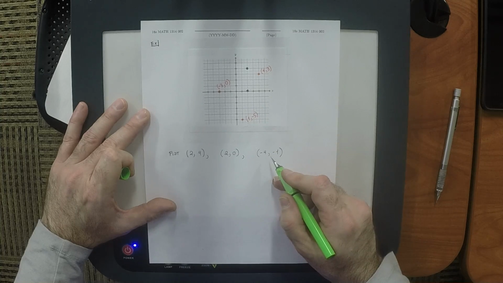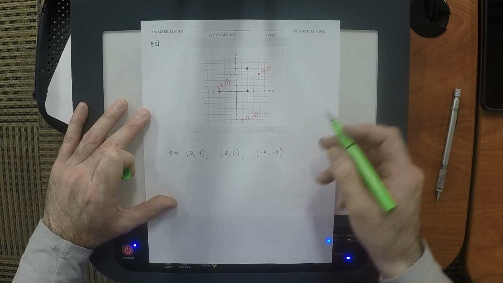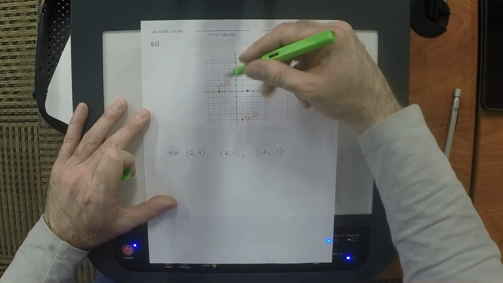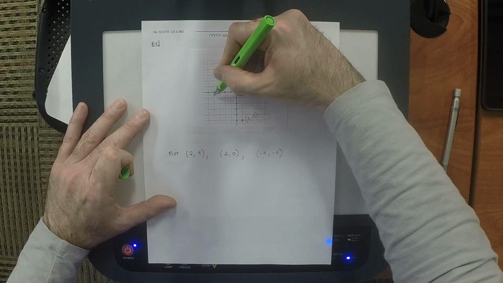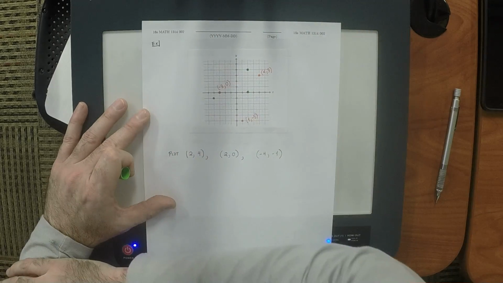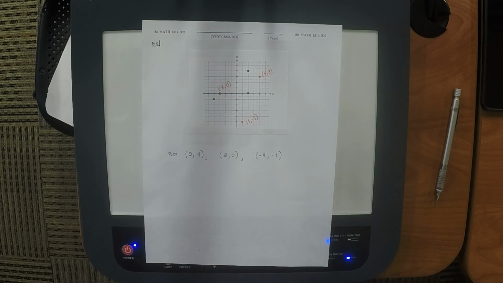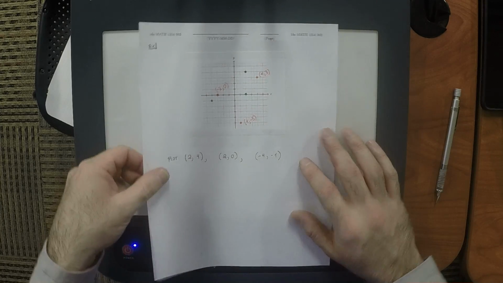And for the last one, -4 to the right, so 4 to the left, and 1 down. Any question about these? This is okay? Okay. Good.